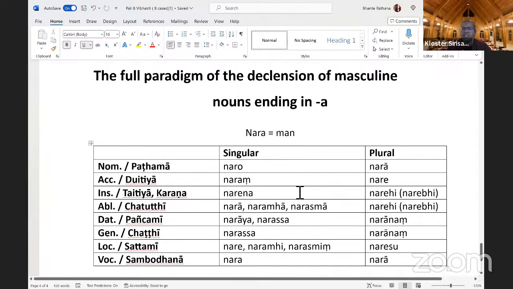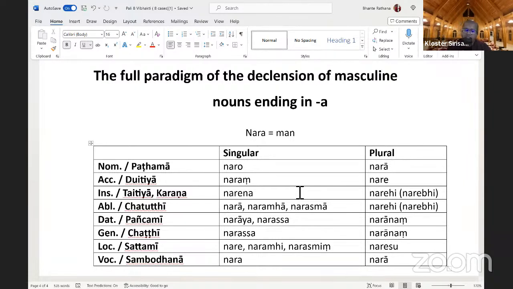Then whenever you see a sentence or a noun, it's easy to understand: oh, this is a nominative case, pathamā vibhatti. This is the accusative case, dutiyā vibhatti, the object of the sentence. This is chaṭṭhī, the possessive, or something belonging to someone. Or this is the locative case, sattamī, used in a sentence to mention the location.